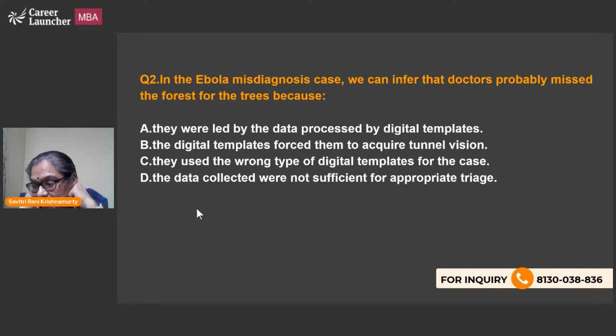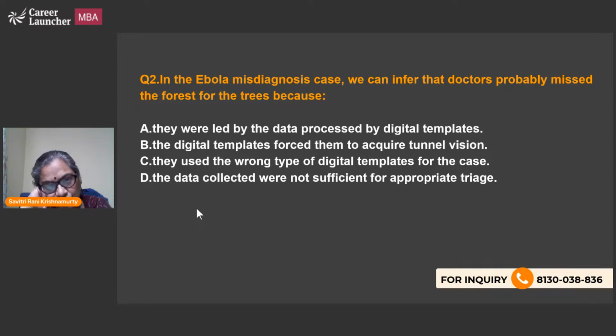Do you want me to take you back to the passage? Let me know. The digital templates forced them to acquire tunnel vision. They used the wrong type of digital templates for the case, or the data collected was not sufficient for appropriate triage. They missed the forest for the trees because of what?